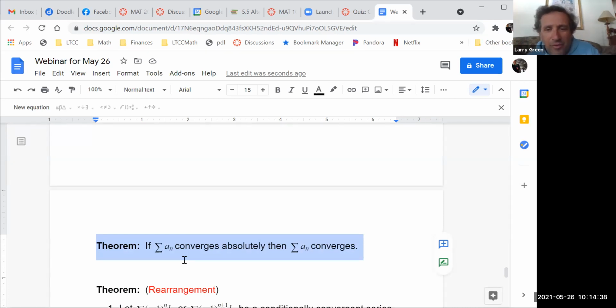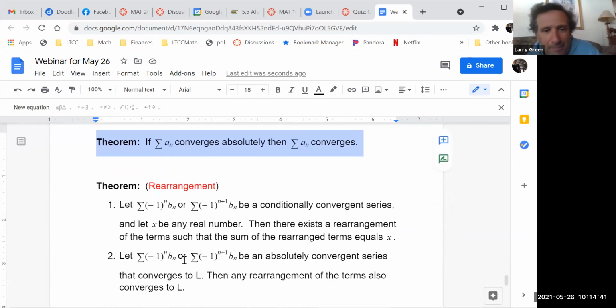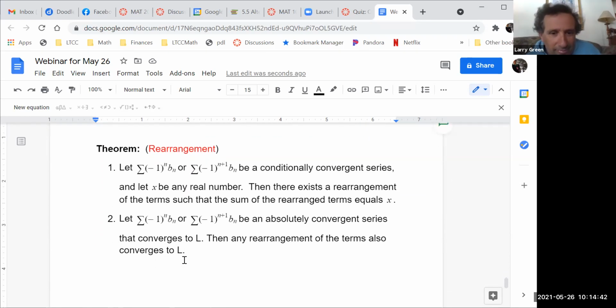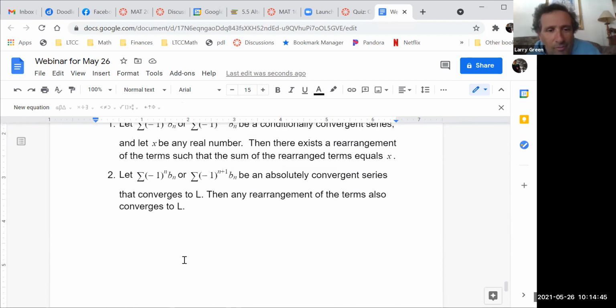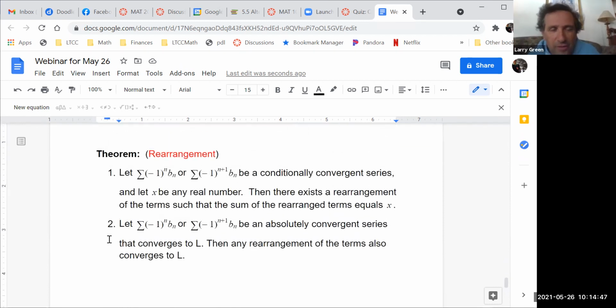Does that make sense? I'm not going to prove it, but it's true. And then comes a very strange theorem. This is called the rearrangement theorem. It says, let's suppose we have a conditionally convergent series, and let x be any real number.